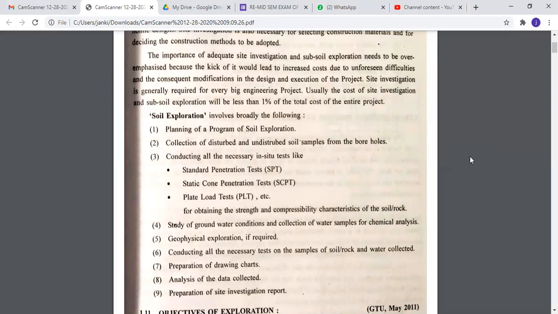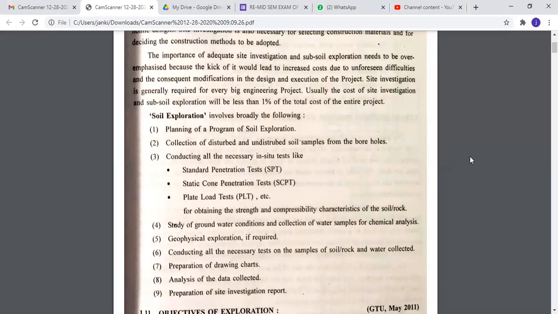So the groundwater conditions matter: whether they are good or not, and where the groundwater level, GWL, lies, right? The construction also depends on the groundwater level and conditions. So we collect groundwater samples and test them for chemical analysis, right?